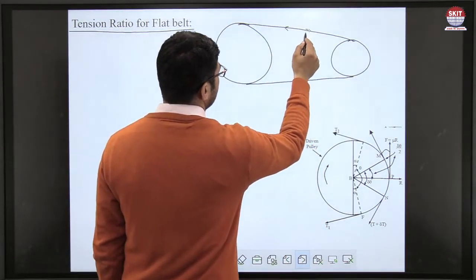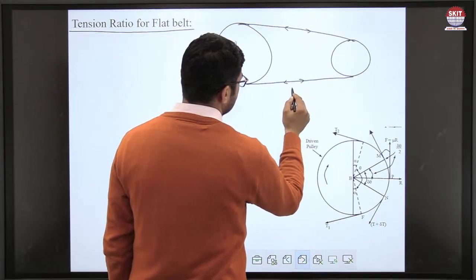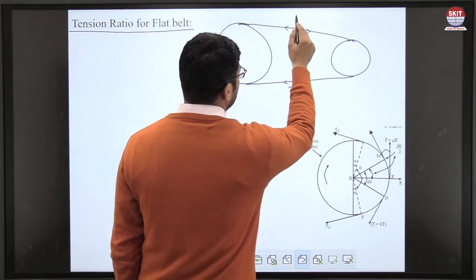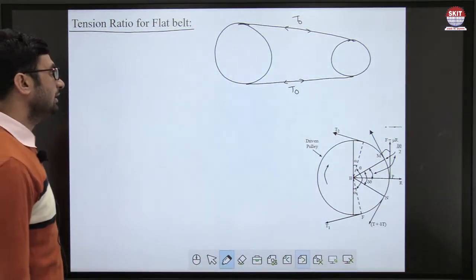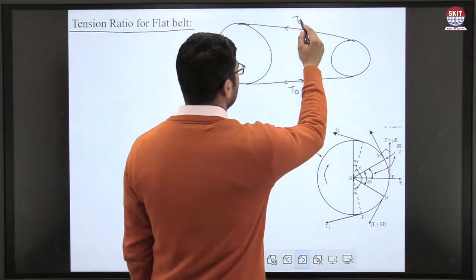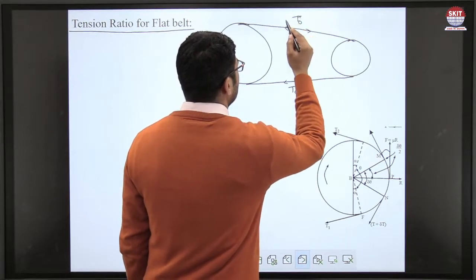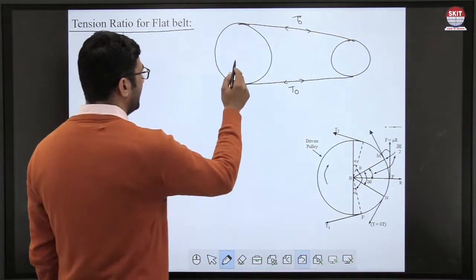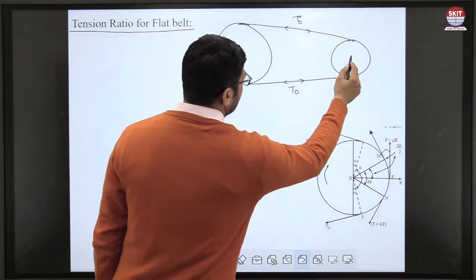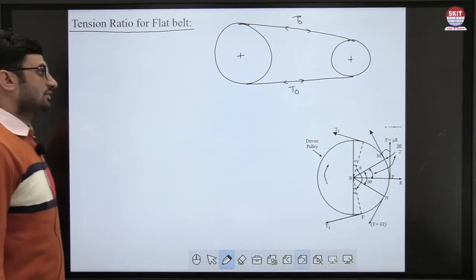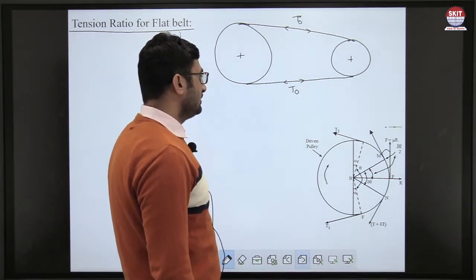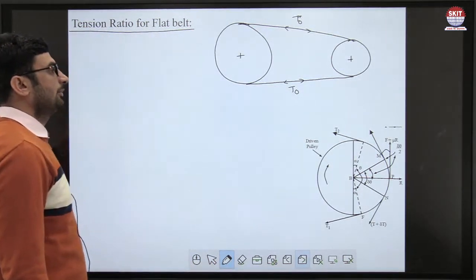We provide the initial tension in the belt to transmit the power from one pulley to another pulley. And when you start the transmission of power, the initial tension changes, and the tension on one side of the belt is increased and the tension on the other side of the belt is decreased.